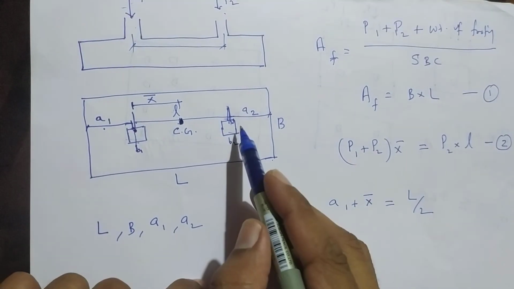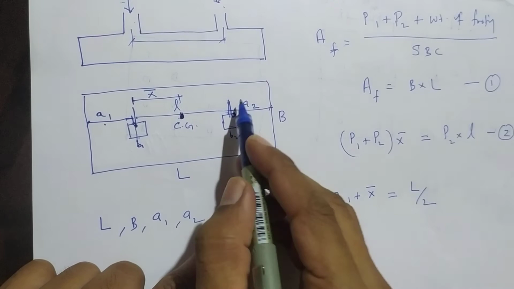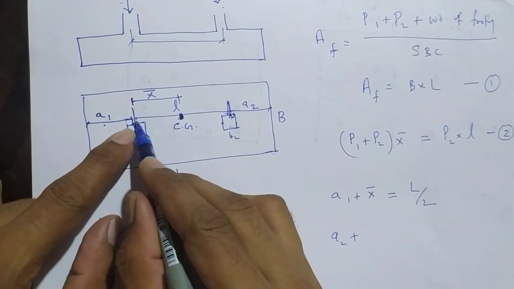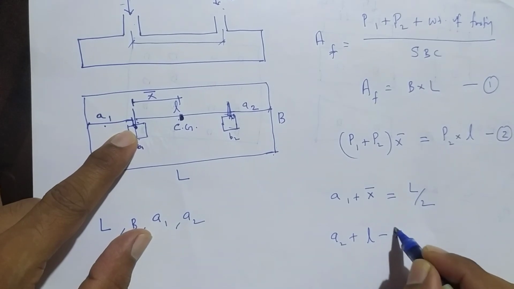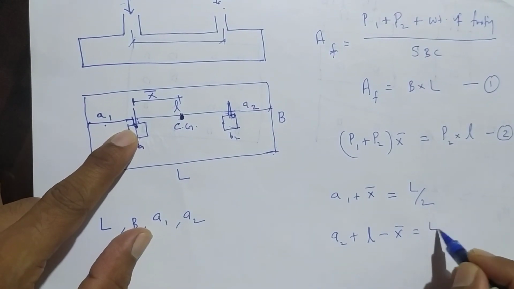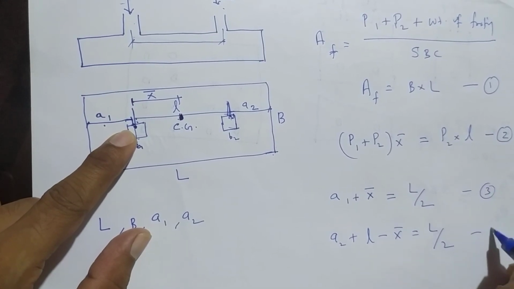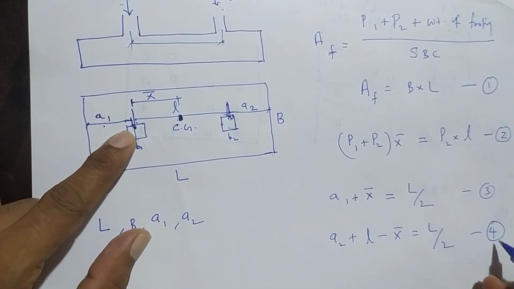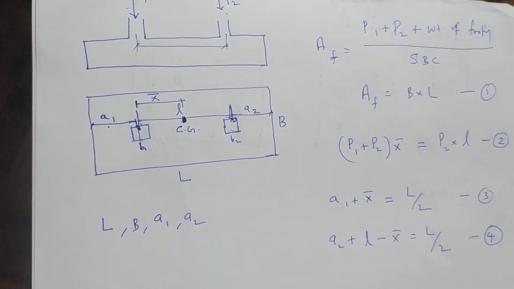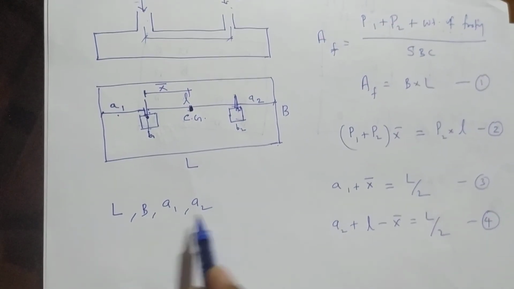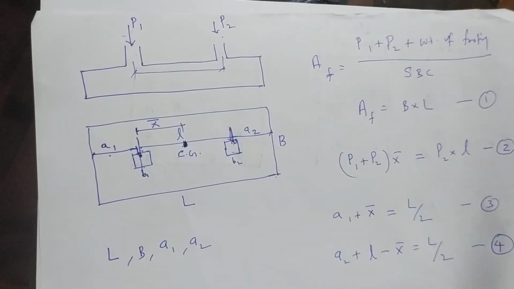And similarly, if you write A2 plus L minus x bar, that is also equal to L by 2. So you have these equations with you. You have 4 equations and 4 unknowns. So I think all unknowns can be calculated from this.